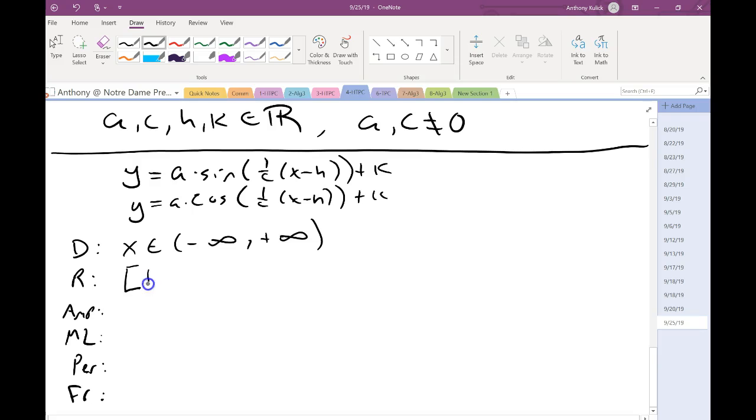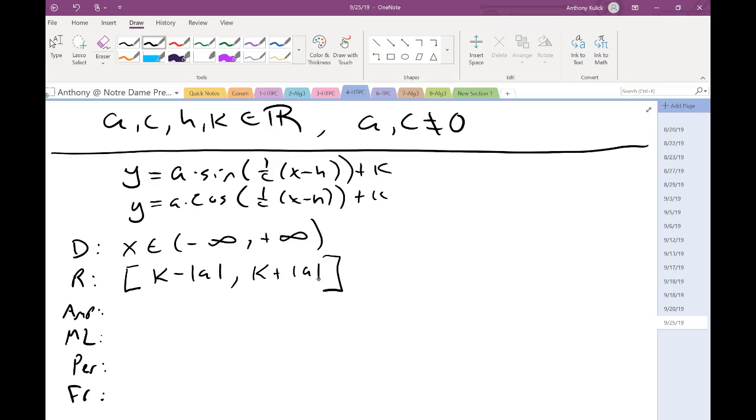So I'm going to have negative 1 times the absolute value of A plus K, because the first value is negative 1, right? And then positive 1 times the absolute value of A plus K. Everybody okay with that? Again, basically just a result of our transformation map.